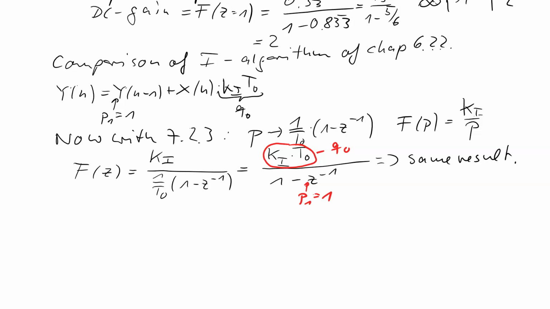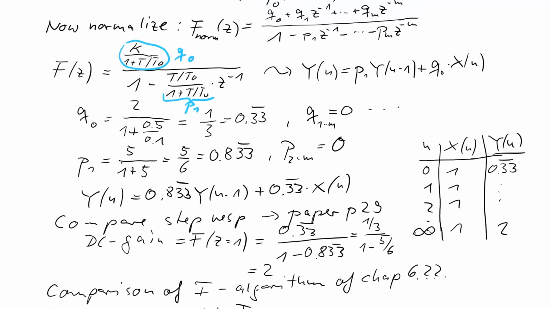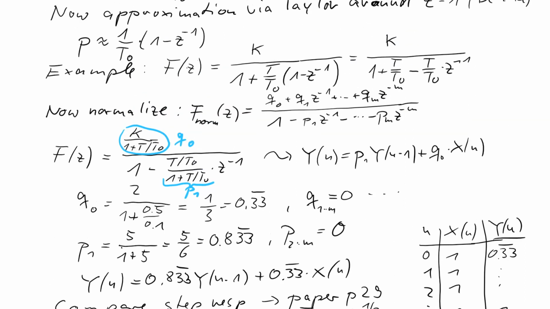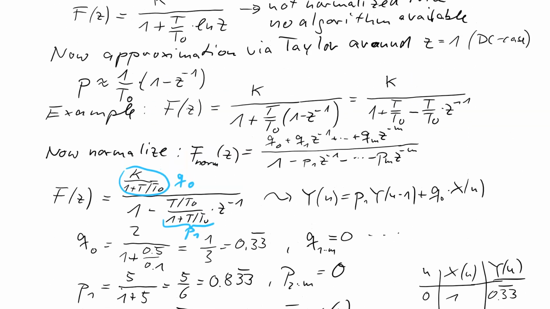So we can do this in this chapter 6 way by replacing differential equation into difference equation. That was the name for this method. But now we get exactly the same result as if we replace our P with my replacement 1 over T sub O times quantity 1 minus z to the power of minus 1.